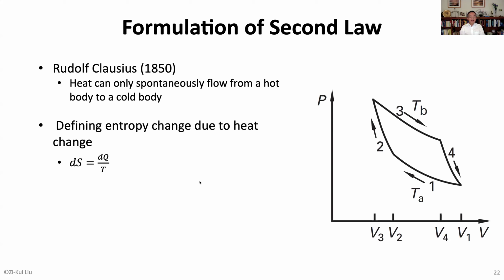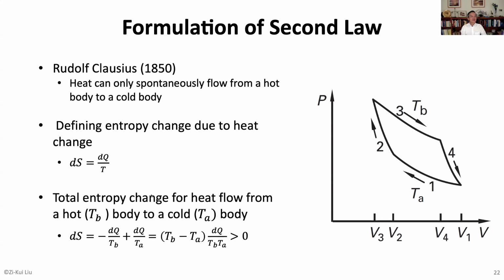So he defined an entropy change due to heat change. If the heat is taken from the high temperature to the low temperature, the change of the entropy due to the heat change is the heat change divided by T. dS equals dq over T.